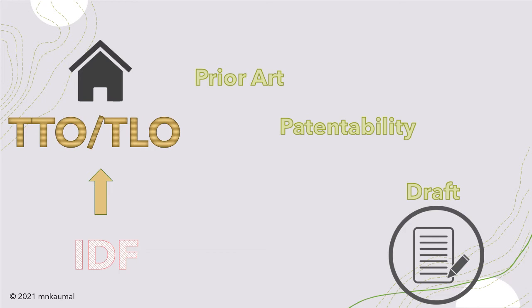After getting a patent, or after applying for a patent, what should you do? If it's really a valuable invention, you should not stop with just a patent. You must go for commercialization.